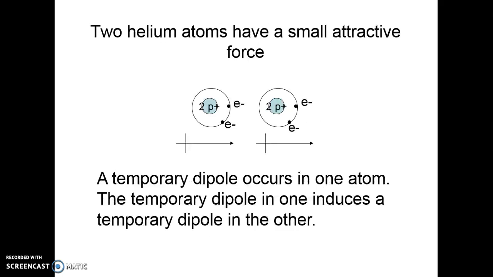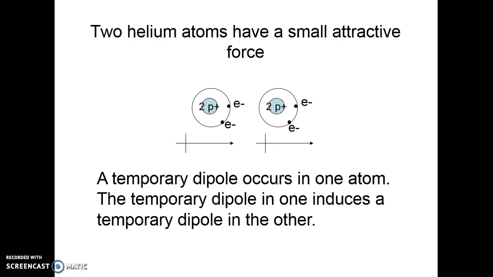This is a picture of it. Two heliums can have a really tiny attractive force. I'm showing the electrons on one side of the helium. So if they're next to each other and they're moving slowly enough that they can actually exert this force on each other, the electrons in one atom are being attracted to the protons in the other.